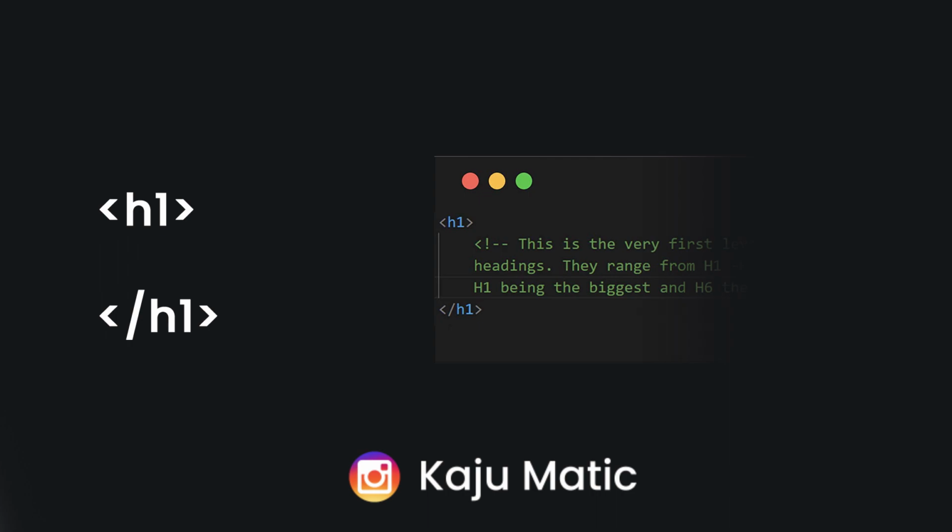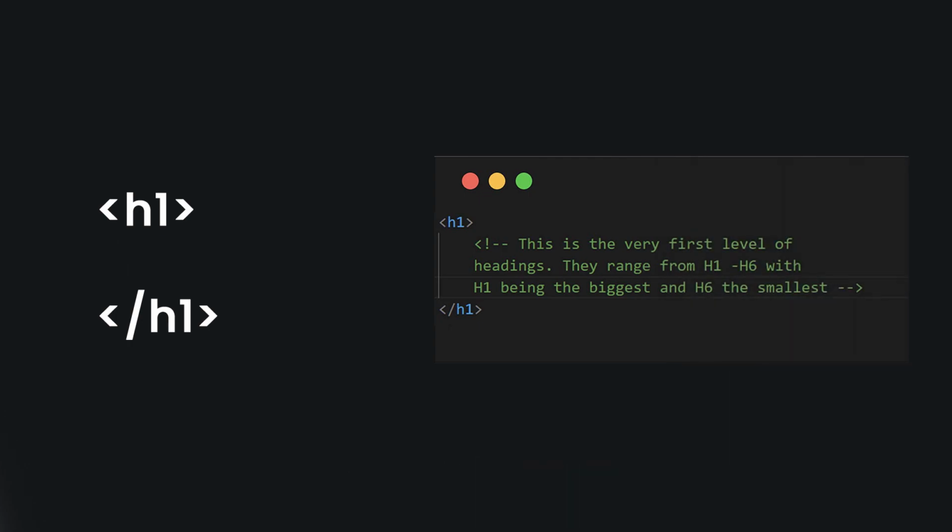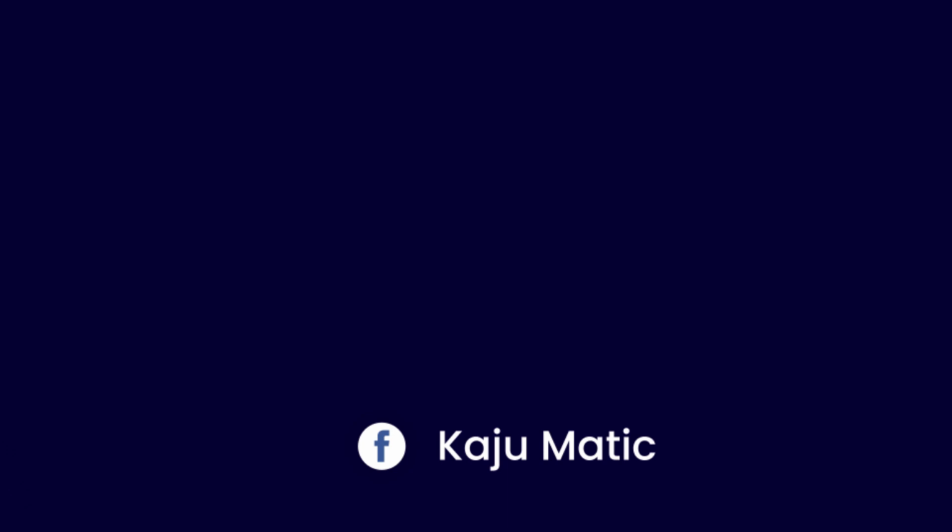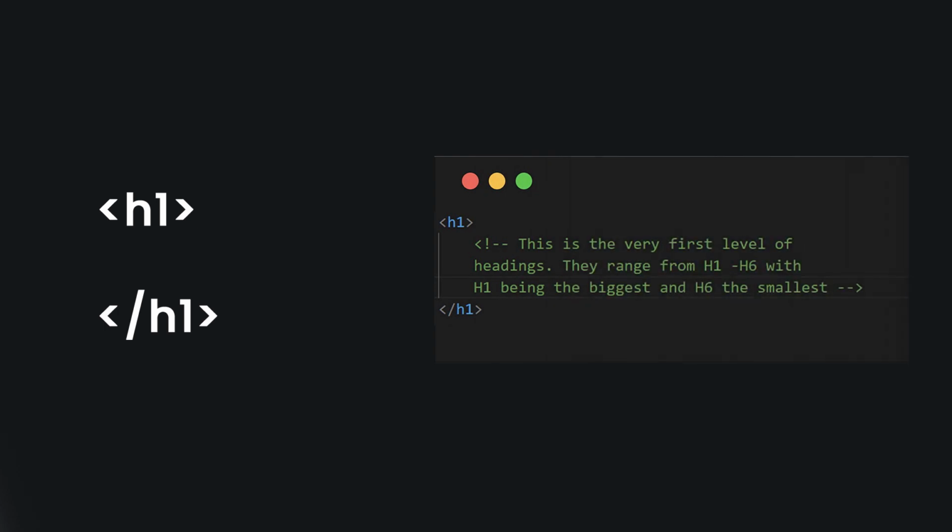The H1 is the very first level of headings used on an HTML document. These headings range from H1 up to H6, and this means that H1 is the biggest and H6 is the smallest level of headings that are used in HTML.